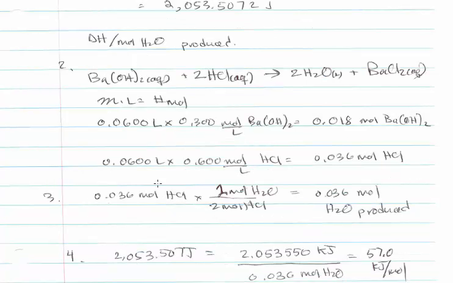And right here, I'm just going to show you the mole ratio calculation. If I have 0.036 moles of hydrochloric acid, according to the balanced chemical equation, 2 moles of water are formed for every 2 moles of hydrochloric acid that react. So that means 0.036 moles of water are produced.